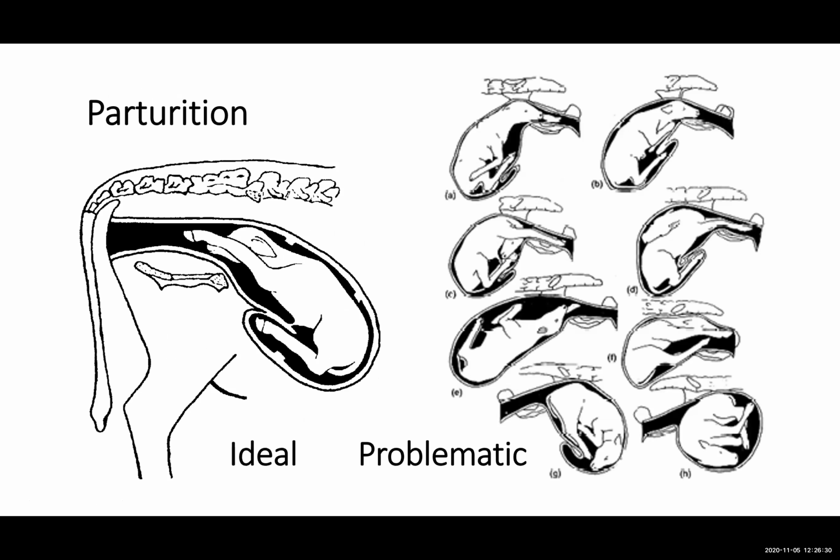All right, so again, this is looking at parturition. Like I said, you want the feet first, head in between the legs. This would be the ideal position for the animal to come out. If we have feet down, both feet down, the head's down, head's back, any of these will cause dystocia, which is basically problems giving birth.